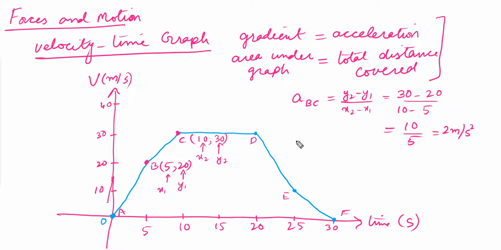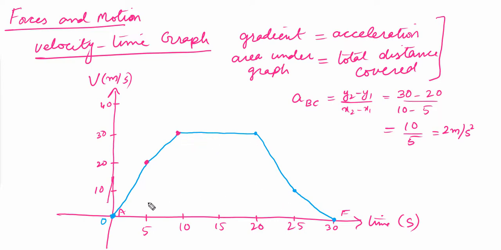Now we'll find the area under the graph, and the area under the graph will give us the total distance. If we want to find the total distance covered by the object from point A to point F, we have to measure the area under this graph. Let me erase these points and I'll show you how I can measure the area under this graph.